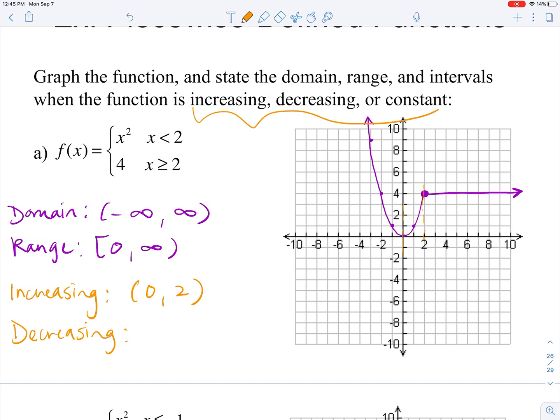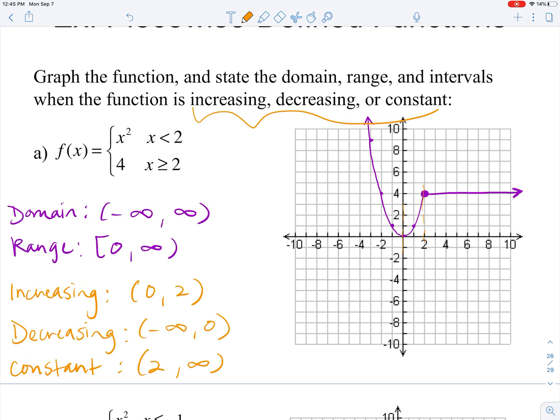For decreasing, it looks like from negative infinity up to 0. I would feel like I was walking downhill. And then from 2 to infinity, the function's constant, and I would feel like I was walking on a flat road.